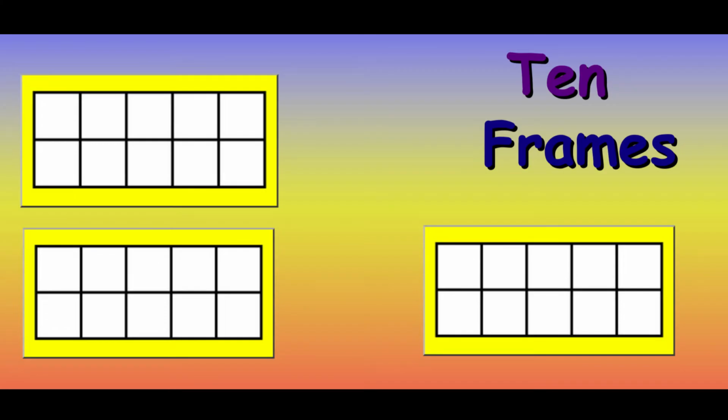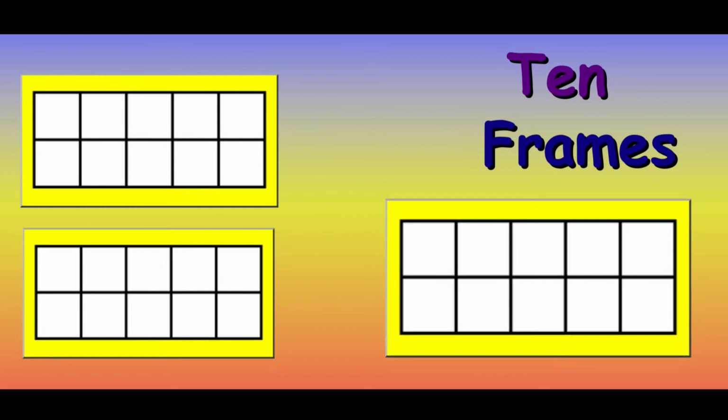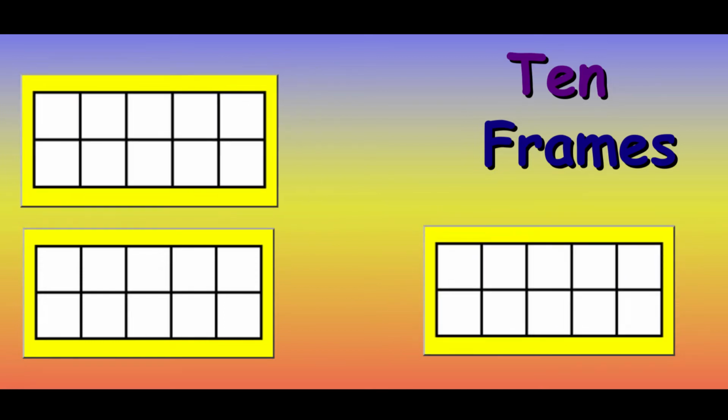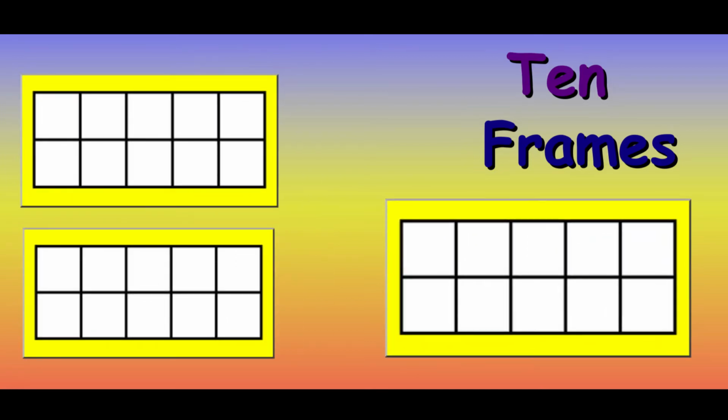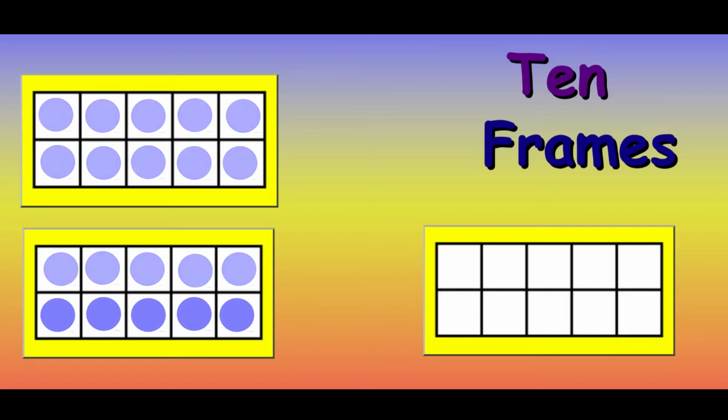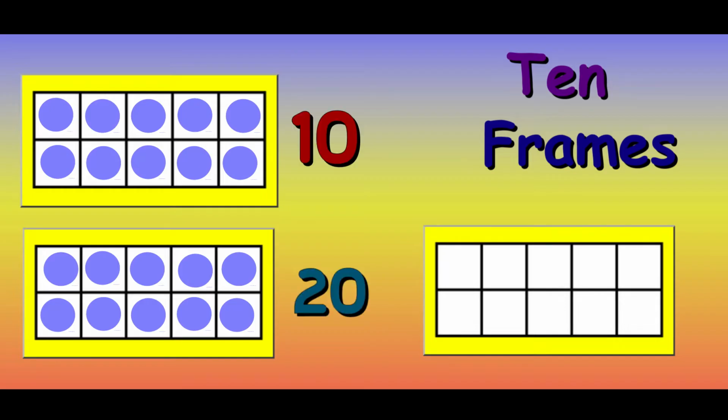Now, can you look here? What are these? 10 frames. How many 10 frames are there? Can you count? 1, 2, 3. You will see that two 10 frames are full. Do we need to count? You can do it by counts of tens. So that means 10, 20. Once more, 10, 20.